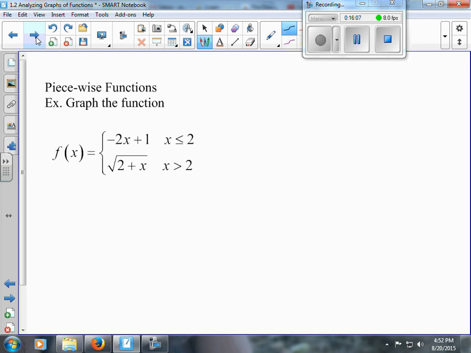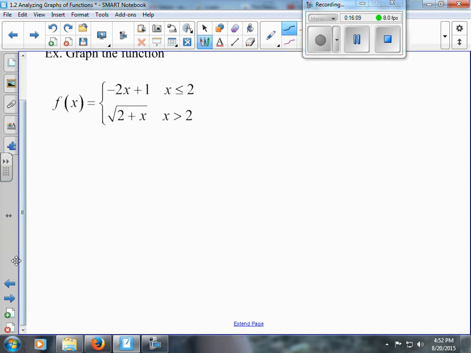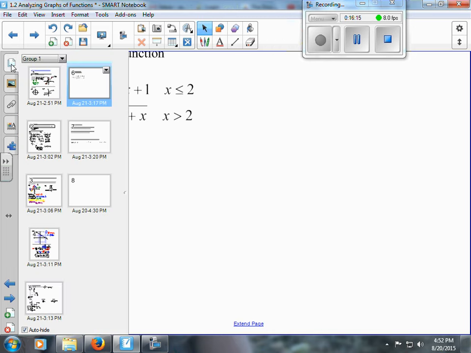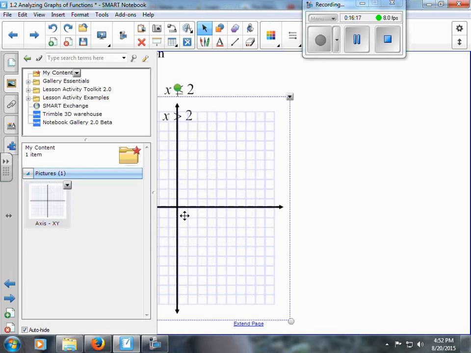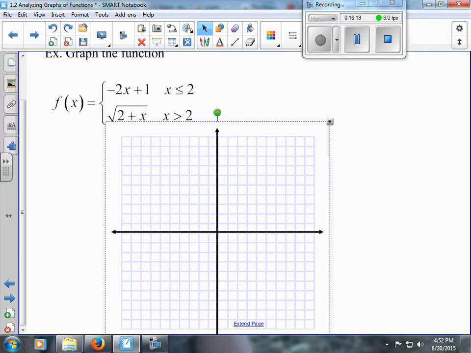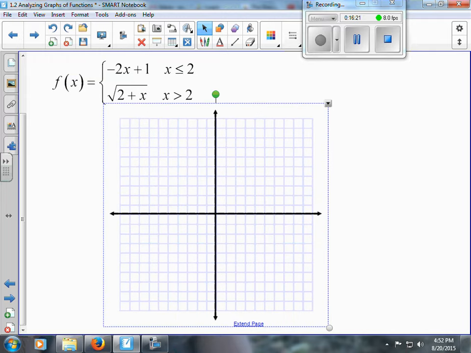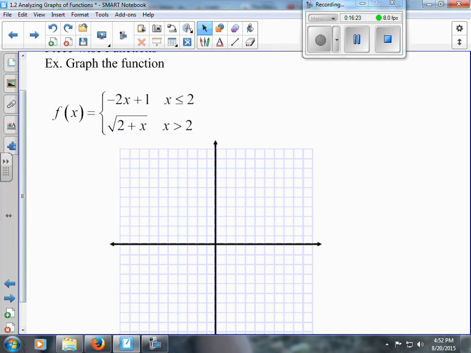All right, we're going to graph a piecewise function next. And I am going to go ahead and use a nice pretty graph again. All right, so this graph has two pieces. One is a line, and the other part is a square root. I'm going to start with the line.